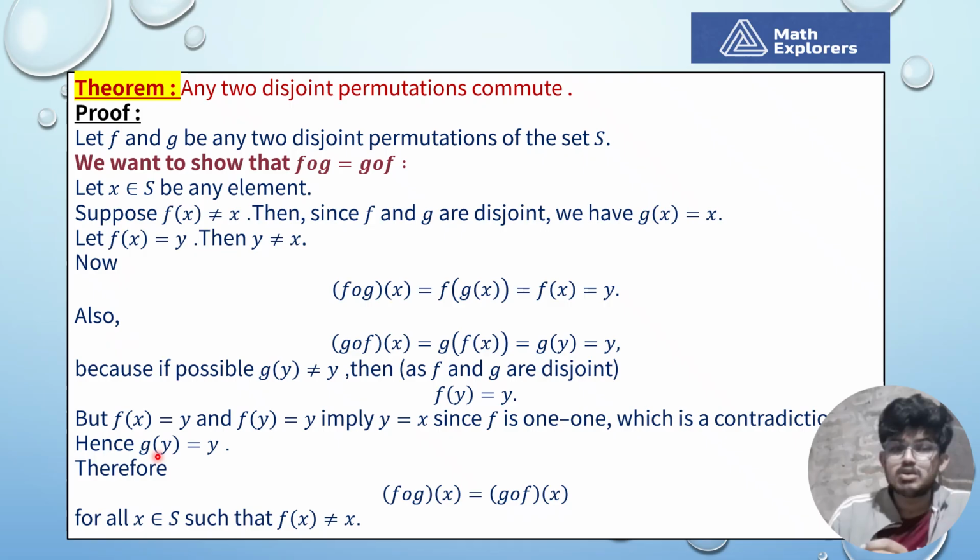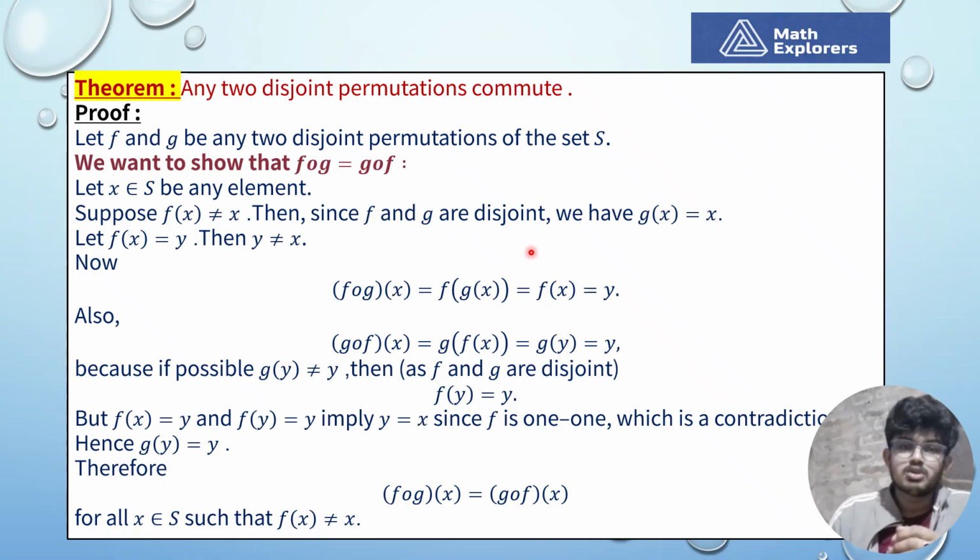But f of x equal to y and f of y equal to y, since f is bijective, so f is one-one, and this implies that y equal to x, which is a contradiction because here y not equal to x. So f compose g of x equal to y, and here we can write g of y equal to y. So these two compositions of functions are the same for all x belongs to S. So in this case f compose g equal to g compose f.